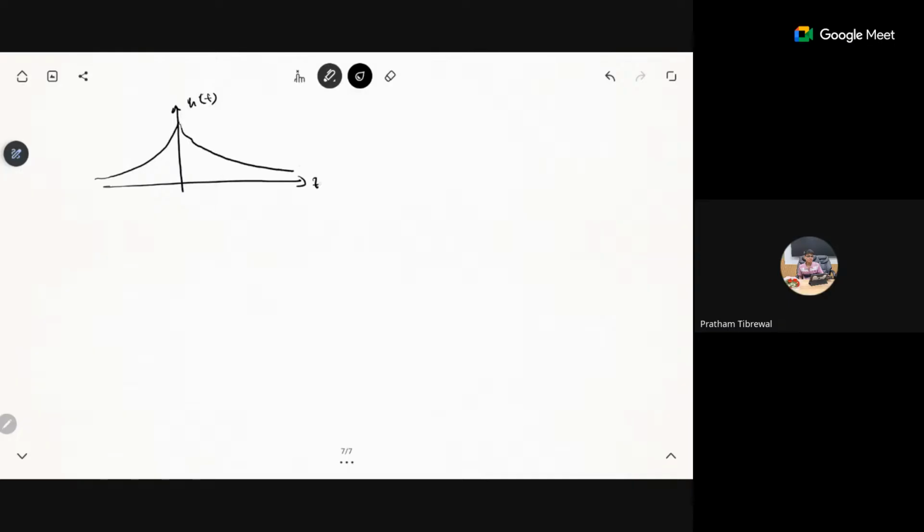This has also been taught in your lectures. By knowing this as your impulse response, can you tell me whether it will be a stable system or not?